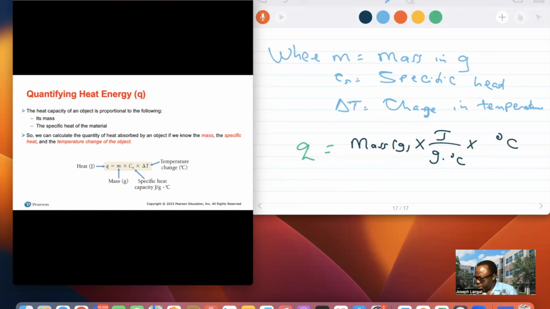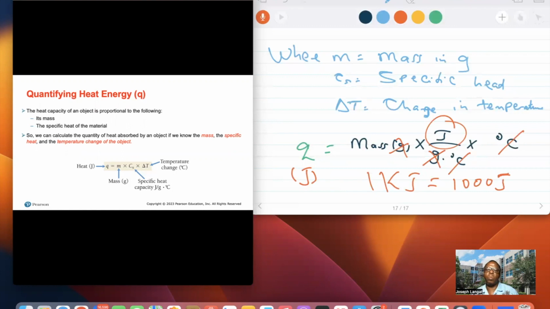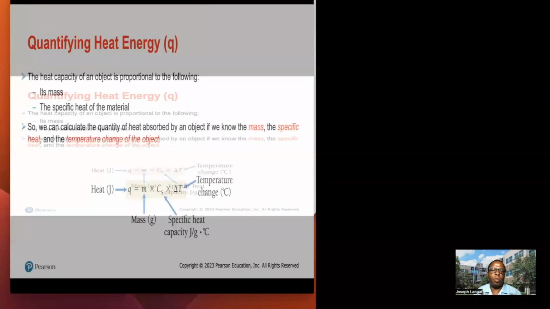When you look at this, cancel the grams and the degrees Celsius, and you remain with joules. If you have to change to kilojoules, remember 1,000 joules equals 1 kilojoule. This is just an equivalent statement. You don't need it, but just remember if you have to convert to kilojoules.